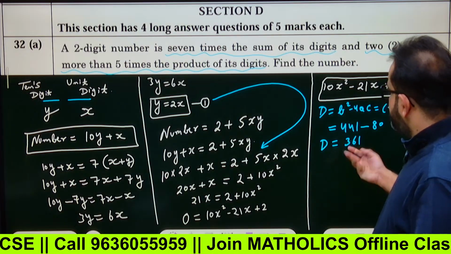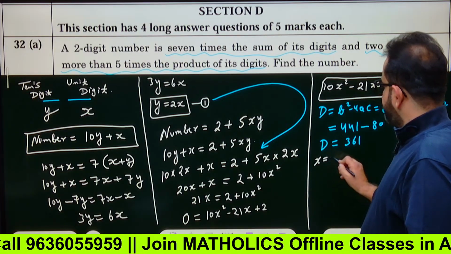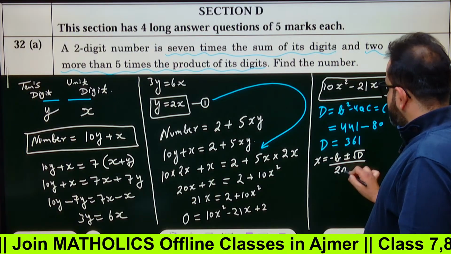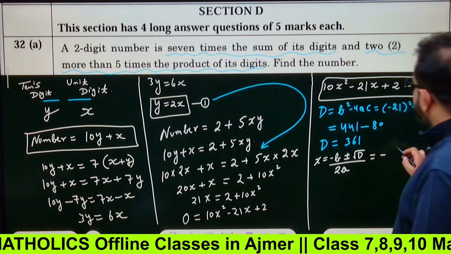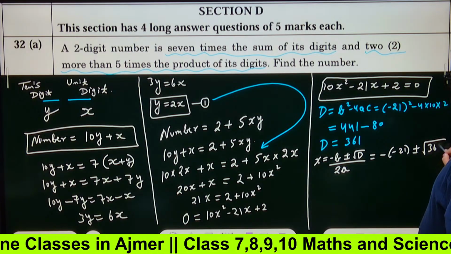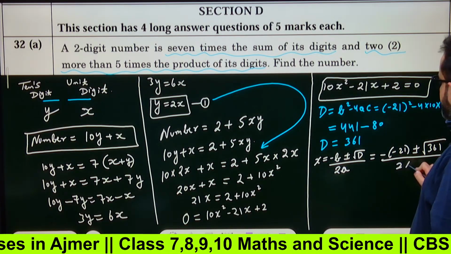So I'll write x equals minus b plus minus under root d by 2a, which means minus of minus 21 plus minus under root of 361 by 2 into 10.